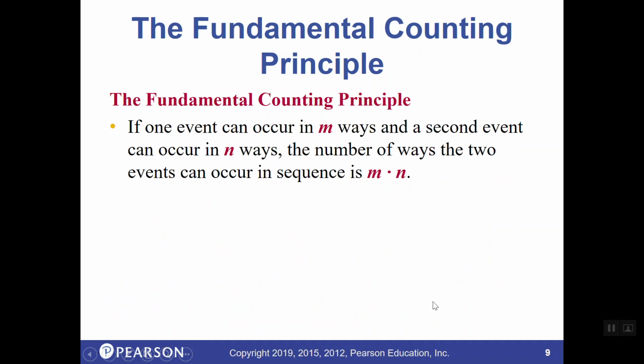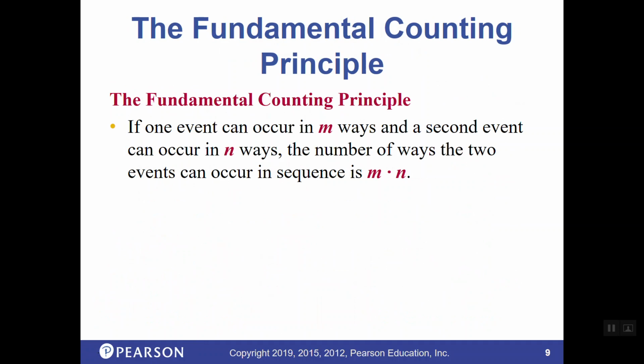Next, the fundamental counting principle. I love this principle because it does save you so much time. This principle helps you determine the number of ways in which 2 events can occur, but it can also be used for more than 2 events.